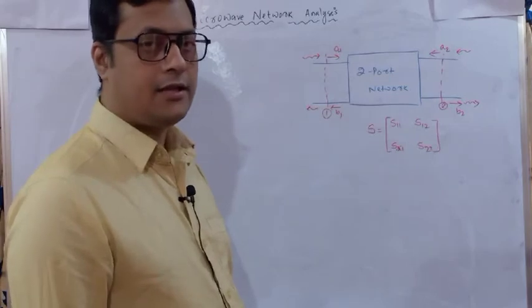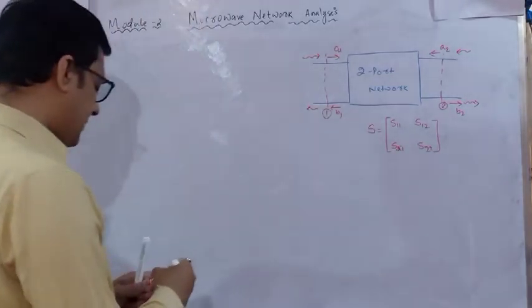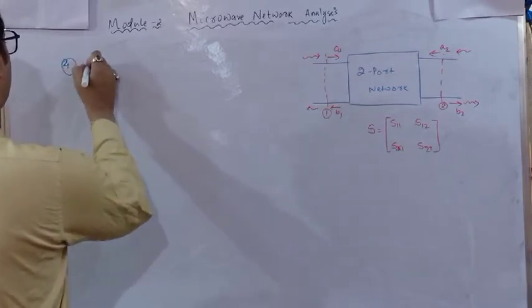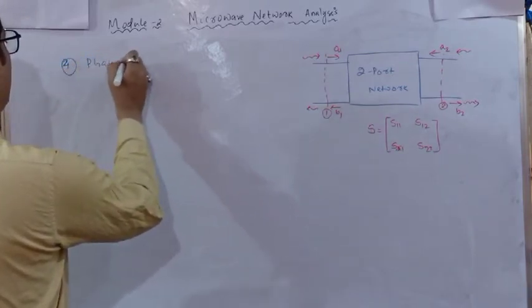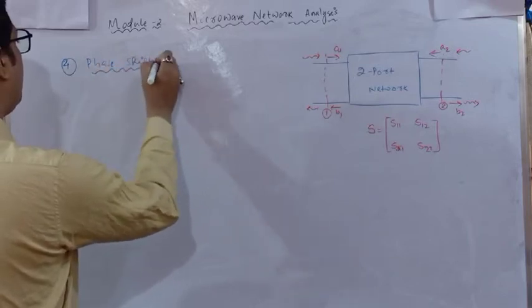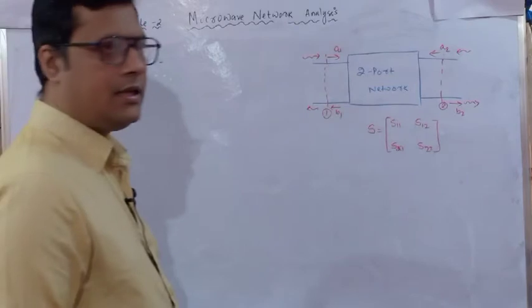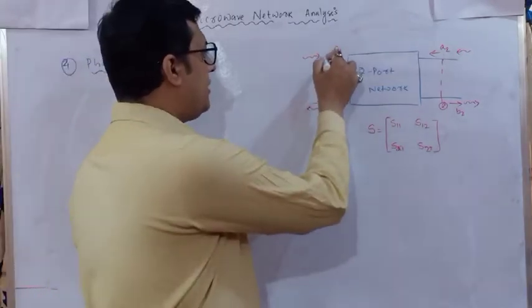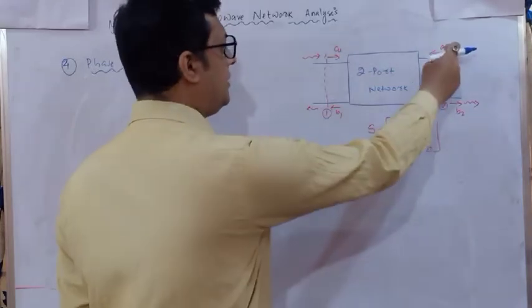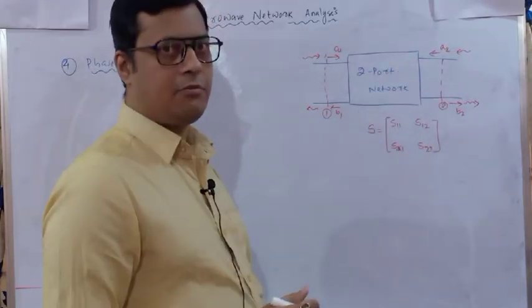But the fourth property speaks of the phase shift. This is the last property, called the phase shift property. The initial position of port 1 is considered at this point, and the initial position of port 2 is considered at this point.